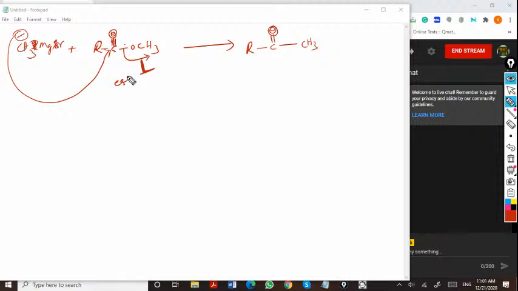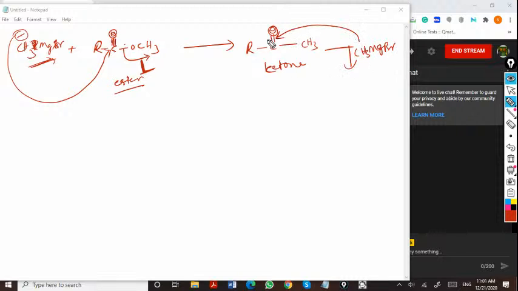So the ester has become a ketone by the treatment with the Grignard. If I again treat with the same Grignard reagent, what could be the product?